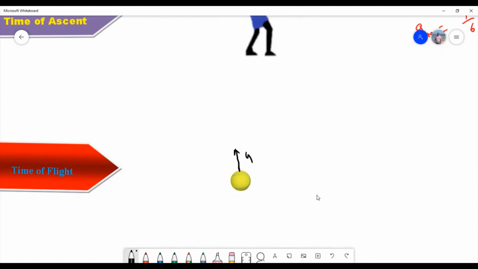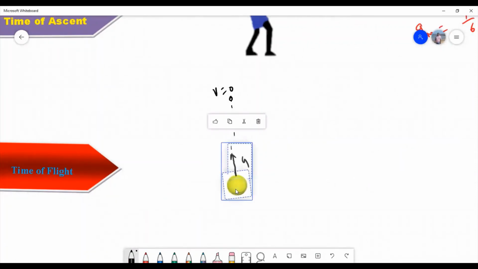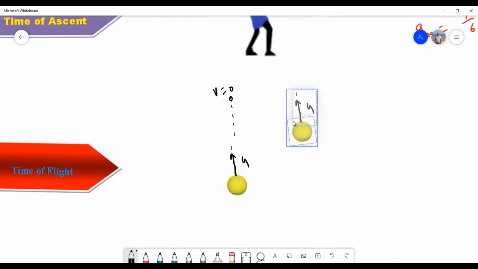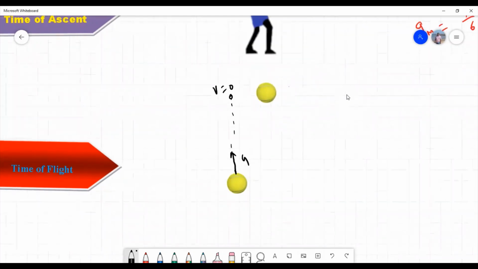The ball will go up and reach a certain point where its velocity becomes zero. After reaching the highest point, gravity starts pulling it down, so the direction of motion changes.